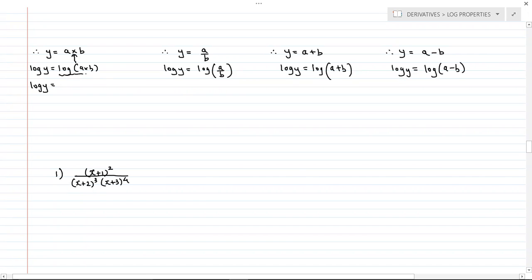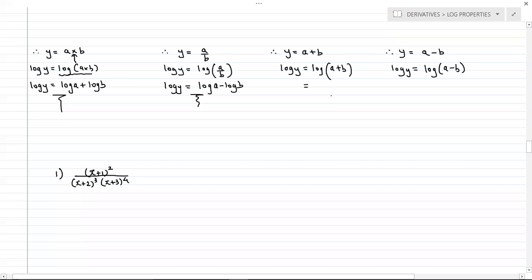Here we can see that this looks like the property log a into b, yes or no? So multiplication gets converted into addition, and after this we are able to solve the sum. Here this part looks like division, so division gets converted into subtraction. Here also we are able to do the sum further.